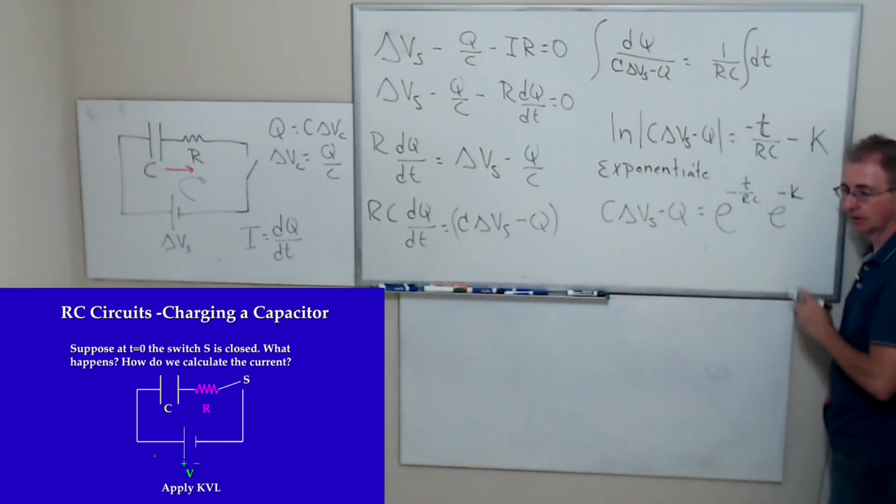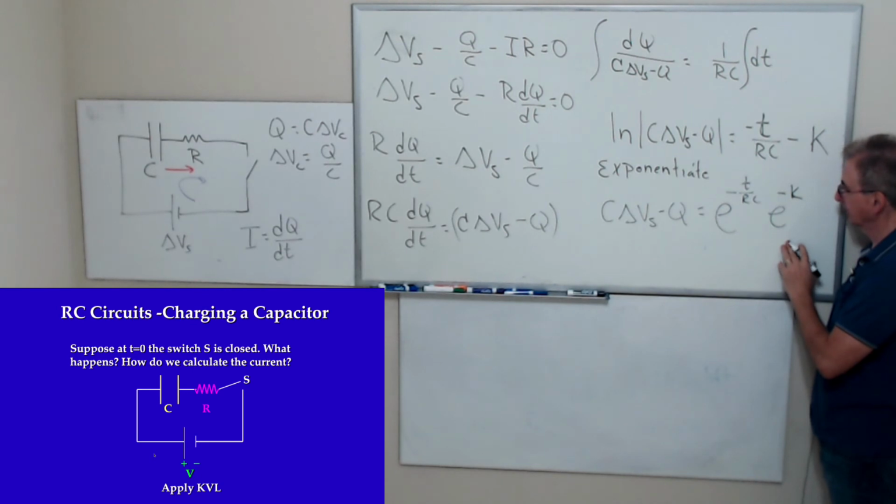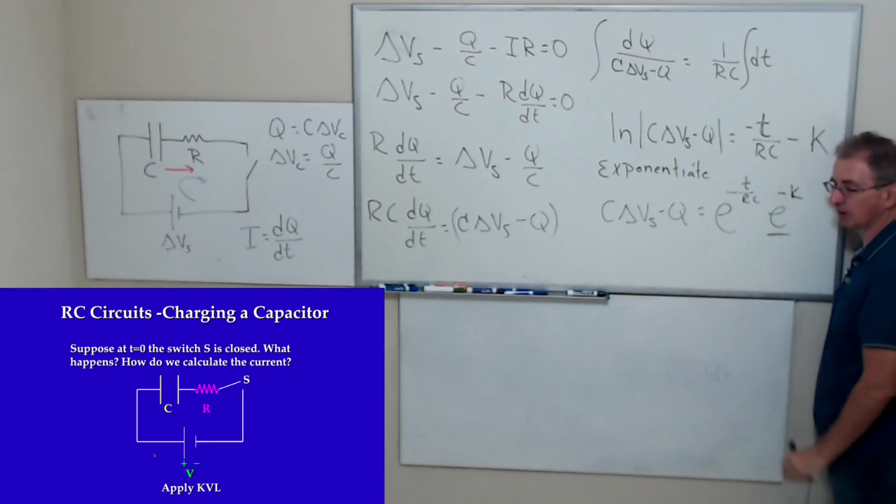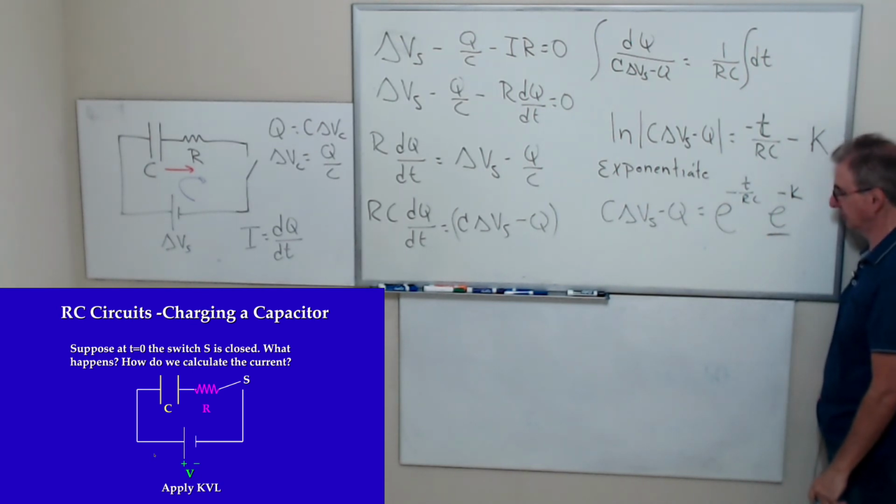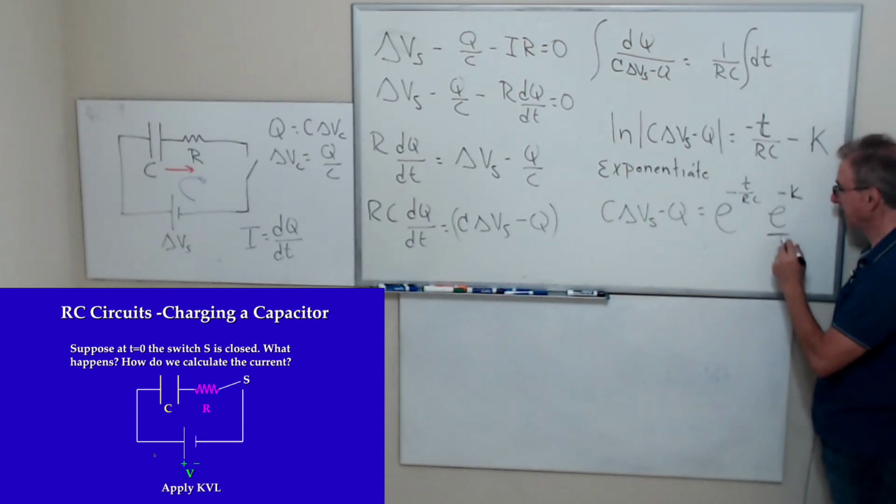Right. This is a constant. I don't want to write the constant this way. What should I call that? What do you want me to call it? What letter? Z. You want me to call it Z? Okay. Why not?